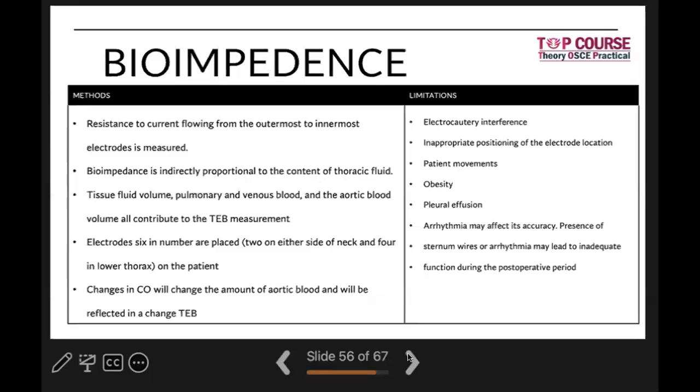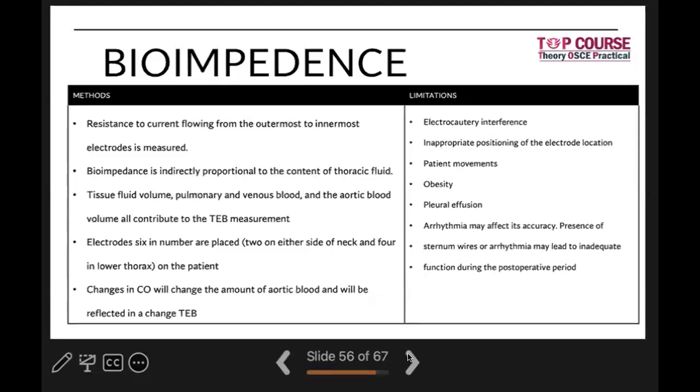So bioimpedance mainly assesses the resistance to the current flowing from the outermost to the innermost electrodes. And this bioimpedance is inversely proportional to the content of the thoracic fluid. So the tissue fluid volume, the pulmonary and the venous blood flow, and the aortic blood volume all contribute to the bioimpedance measurements.